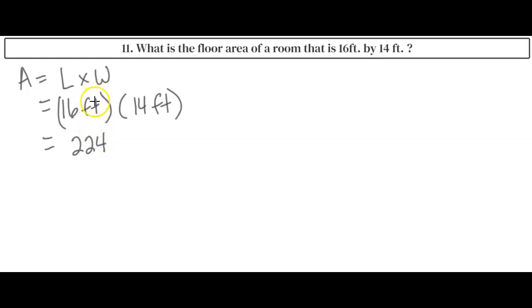Now, because we have a foot here times a foot here, let me emphasize it, it'll give me feet to the second power, because I see two separate measurements of feet, if you will.